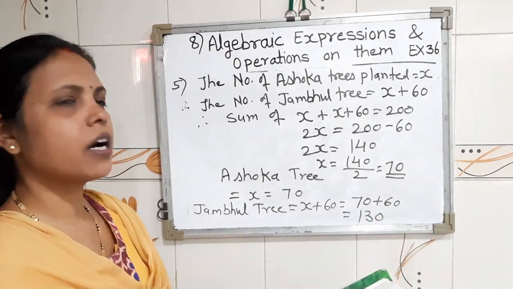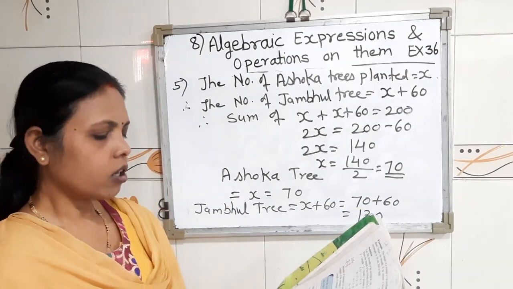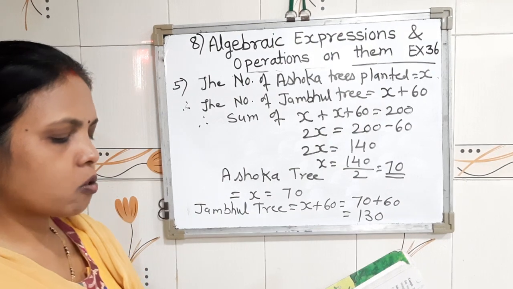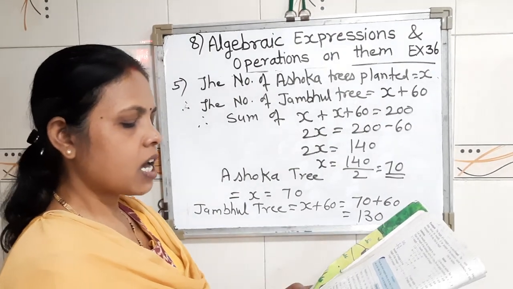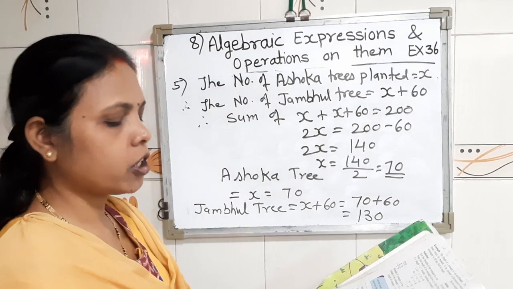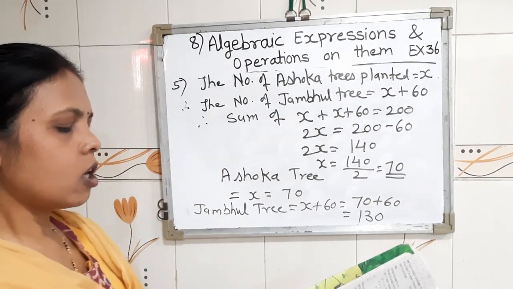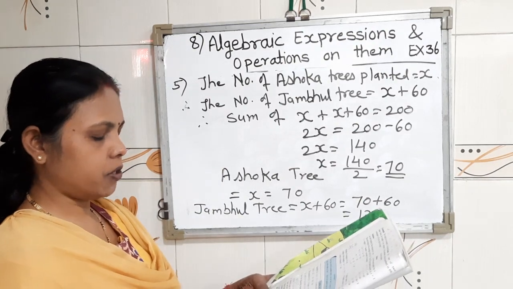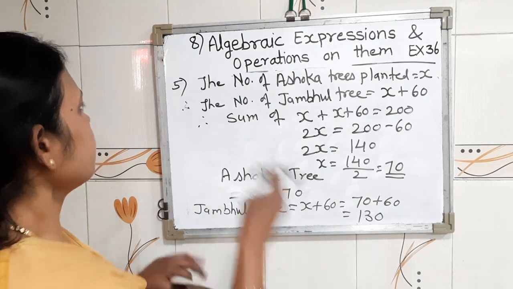Now question number 6. Subhangi had twice as many 20 rupee notes as 50 rupee notes. Altogether she had 2700 rupees. How many 50 rupee notes does she have?